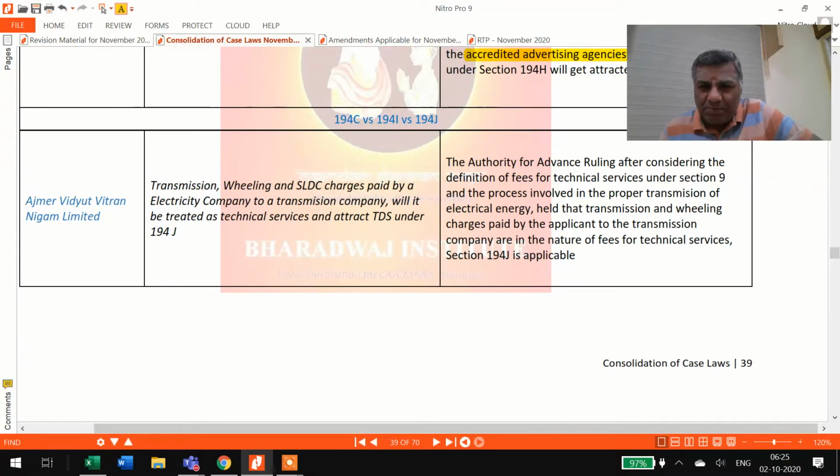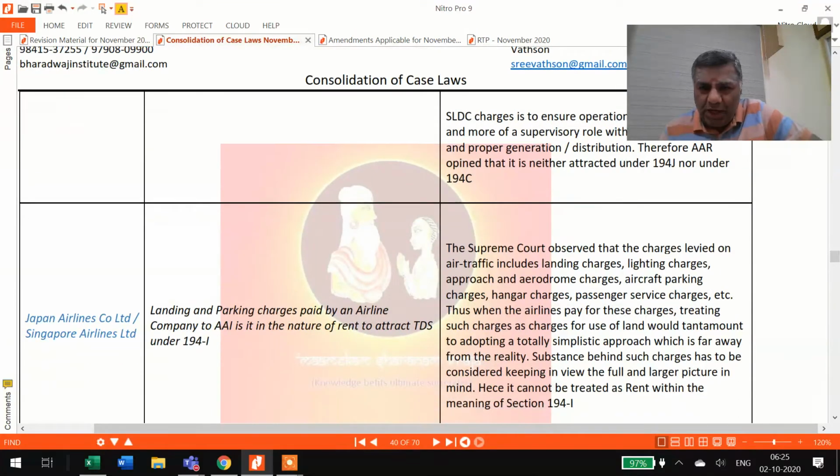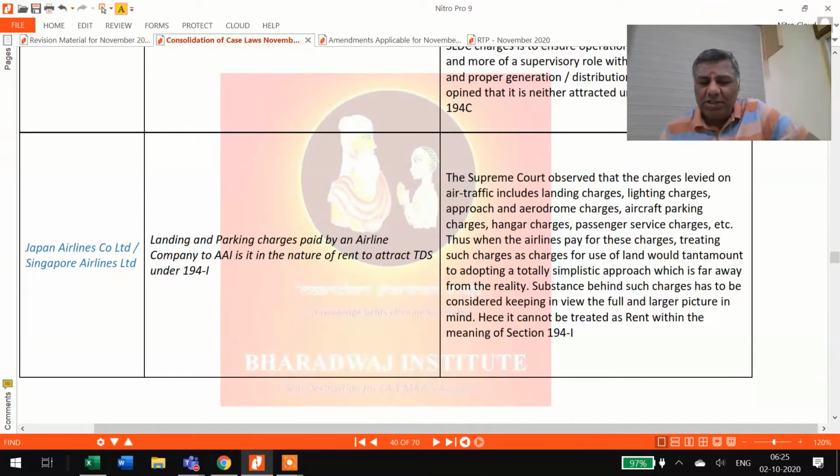Transmission wheeling charges are of technical nature, so you need to deduct tax at source. Japan Airlines, Singapore Airlines, all the airline cases, the Supreme Court has observed that the charges levied include landing, lighting and aerodrome charges, aircraft parking charges, hangar charges, passenger service charges, etc. Thus, treating such services as charges for use of land would tantamount to adopting a totally simplistic approach, which is far away from reality.